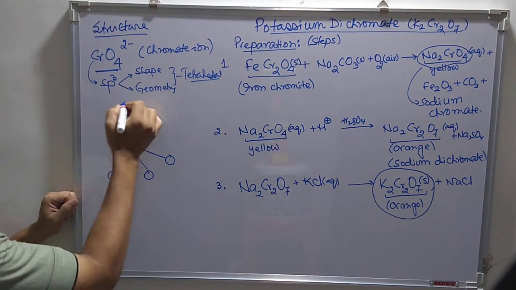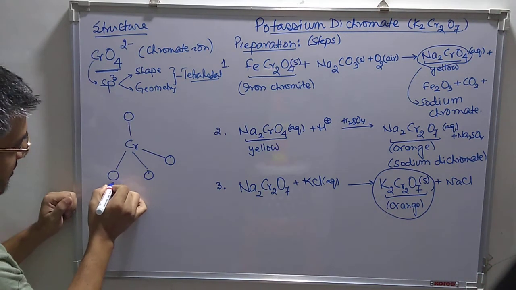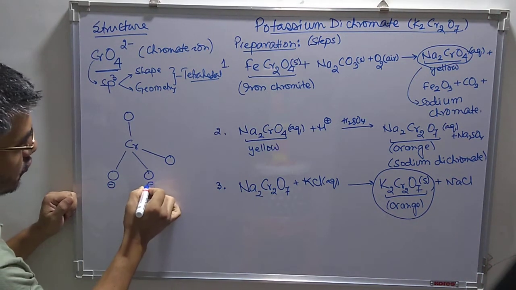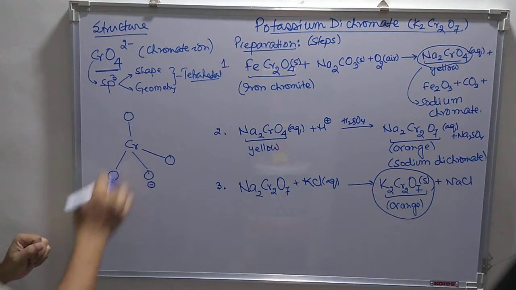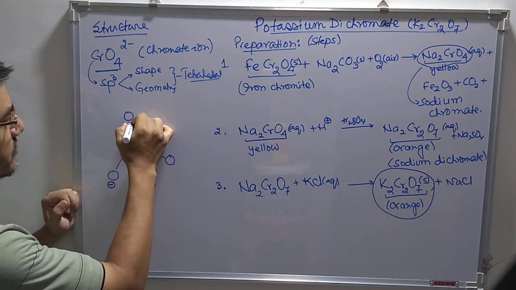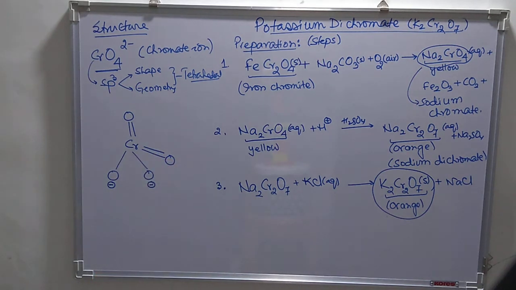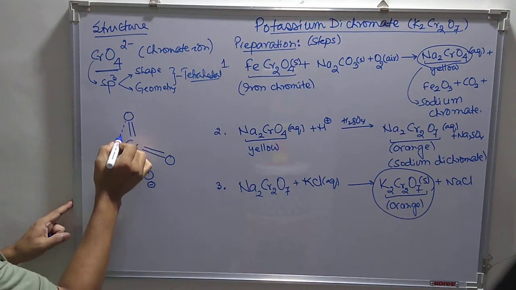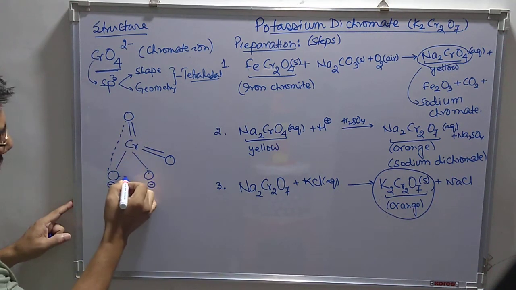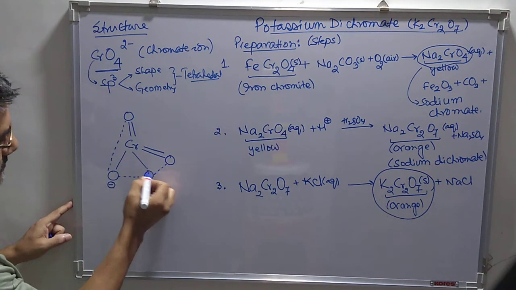We have 2 negative charges, so we have 2 oxygens carrying 2 negative charges, and the remaining 2 oxygens form double bonds with chromium. If you join these corners, we get a regular tetrahedron.